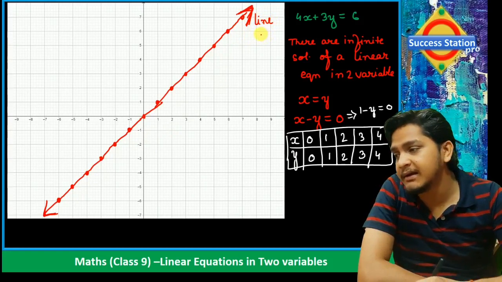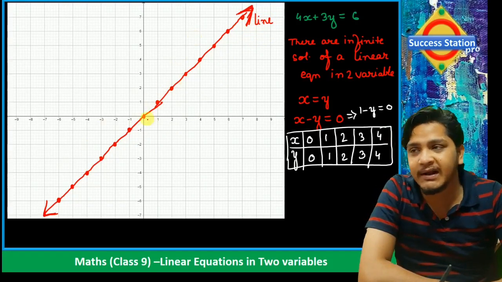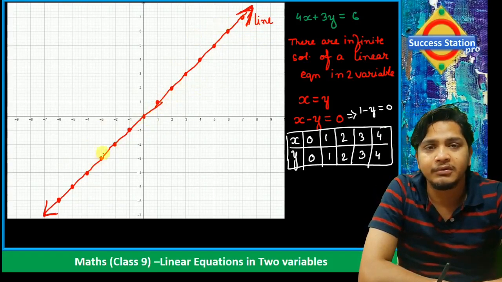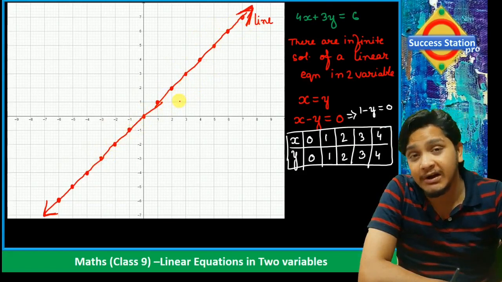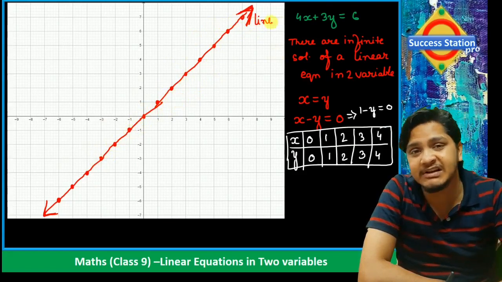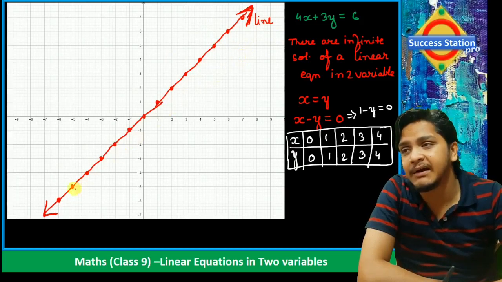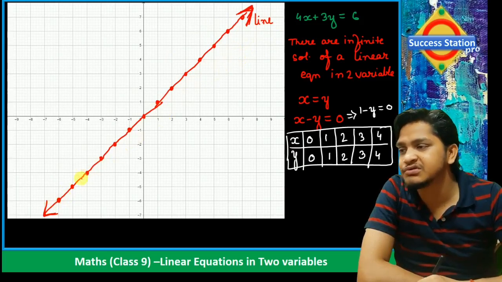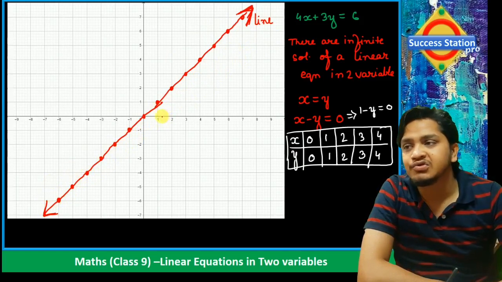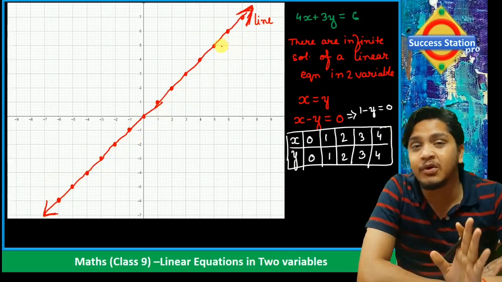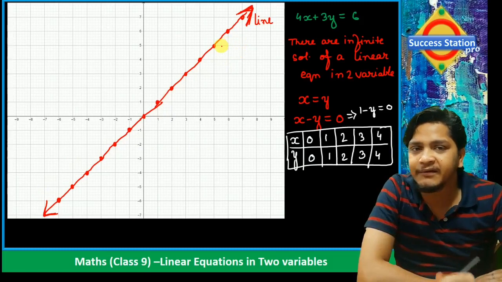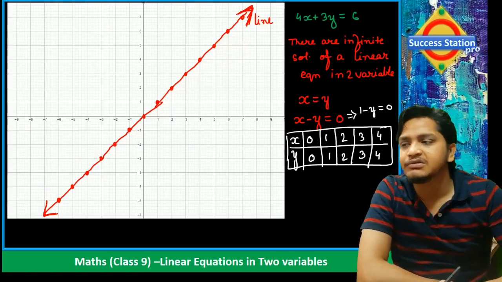So you have to give this arrow. We are not extending it because we have a space constraint, but definitely it can be extended. This is what these arrows indicate. If these lines can go up to infinity, we'll have infinite solutions.